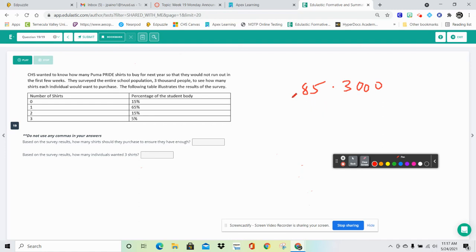Okay, and so 0.85, that's 85 over 100. So you get really just 85 times 30. So 2,550 should be the number.